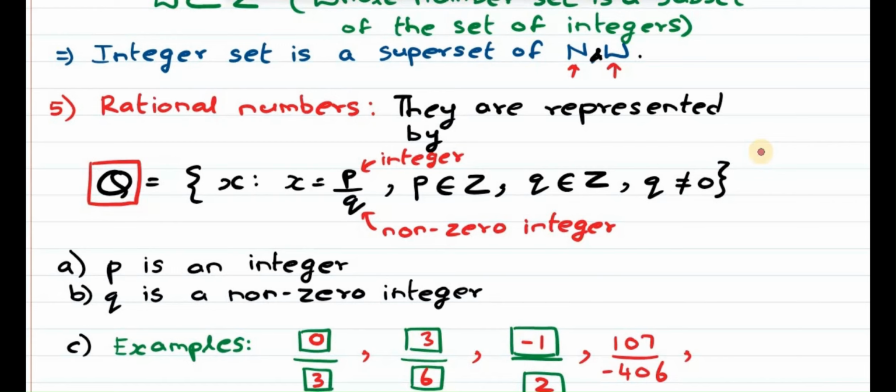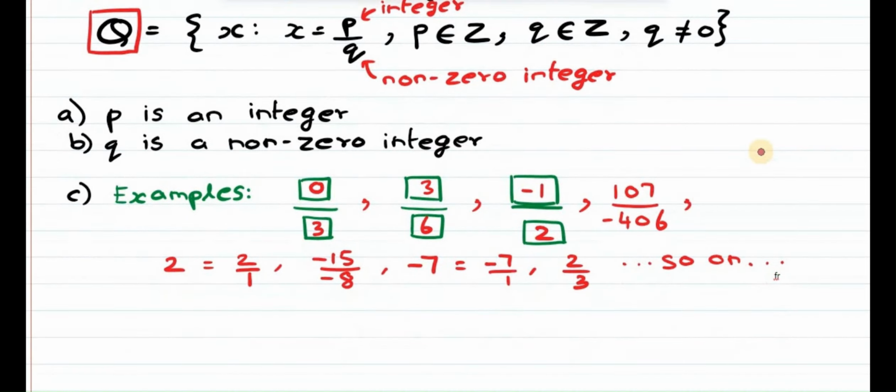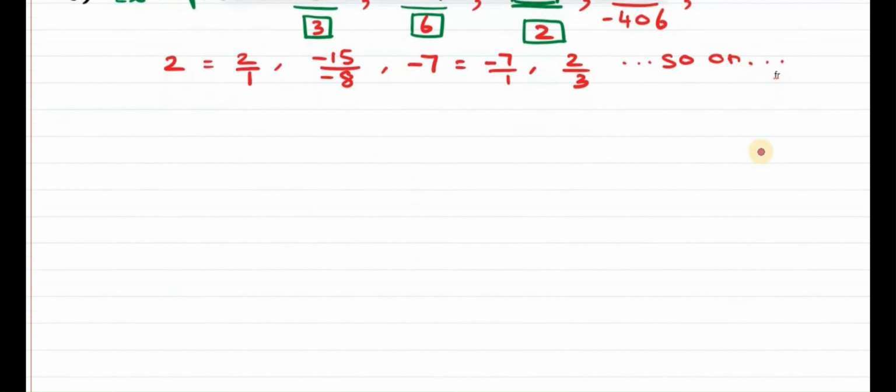We'll learn about it further. So the only criterion is that the numerator and denominator must be integers, and as usual a denominator in a fraction cannot be 0. So q cannot be 0. So p is an integer and q is a non-zero integer. Later you and I gave some examples.